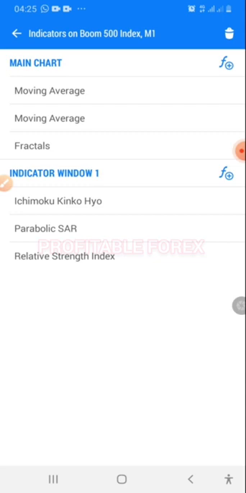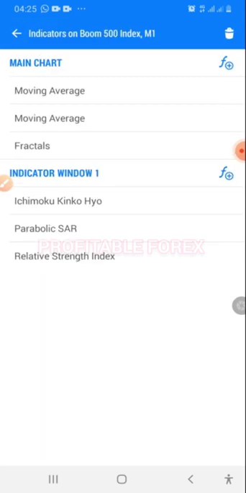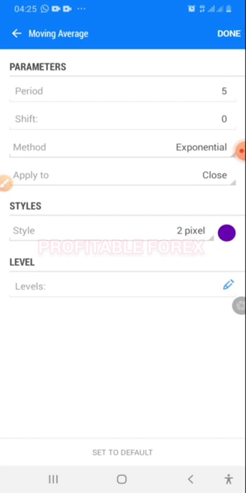So let's check out those indicators. We have our moving average period 20, shift 0, method exponential, applied to close. We'll have the style 3 pixel and any color of your choice, and I use pink. Click done, and we'll have the second moving average, period 5, shift 0, method exponential, applied to close, style 2 pixel, color purple.